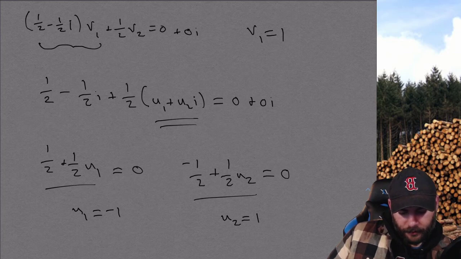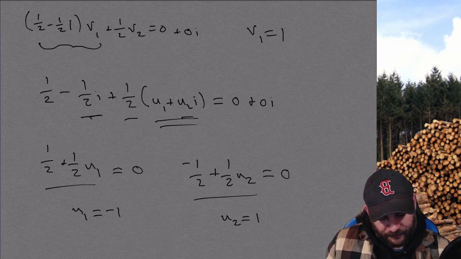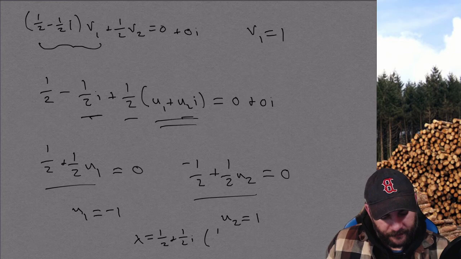I have 1/2, negative 1/2 I, and yeah, that looks absolutely perfect. Oh, because I did it wrong on my piece of paper. Haha. So, anyway, my eigenvector, therefore, for the eigenvalue 1/2 plus 1/2 I, has the eigenvector 1 in the V1 position and negative 1 plus I in the V2 position.